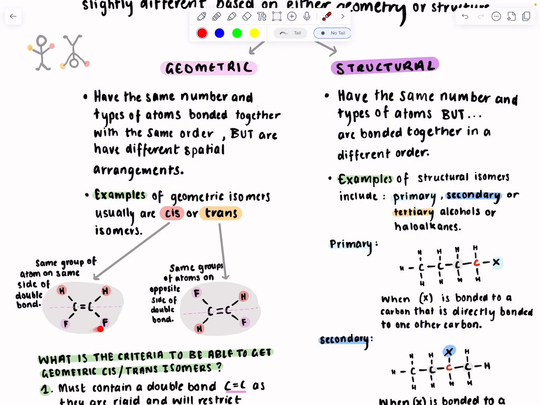On this side of the double bond, we've got two fluorines. Because we have the same type of atom on either side of the double bond, horizontally, not vertically, horizontally, this is what makes it a cis isomer.